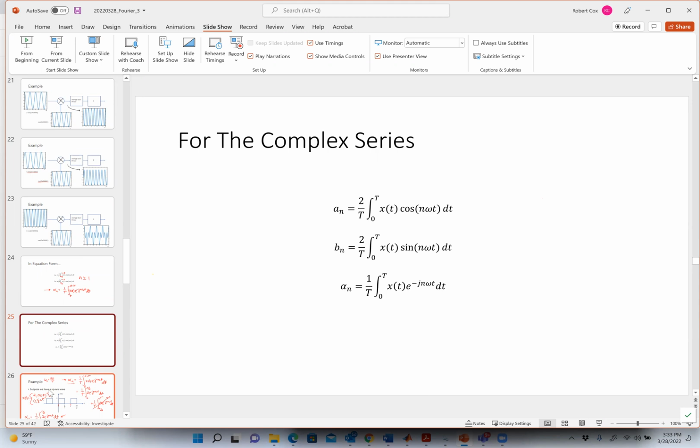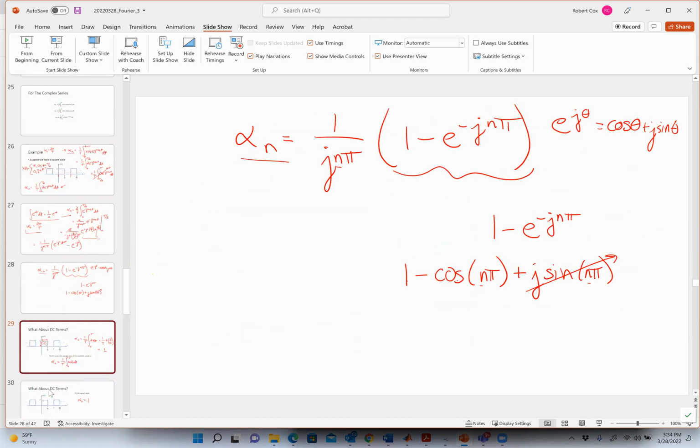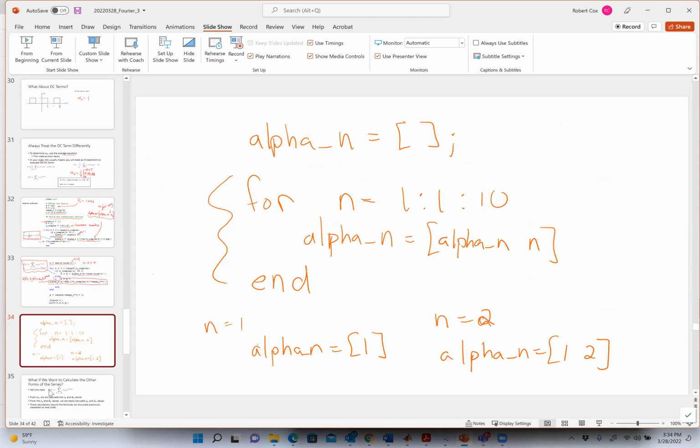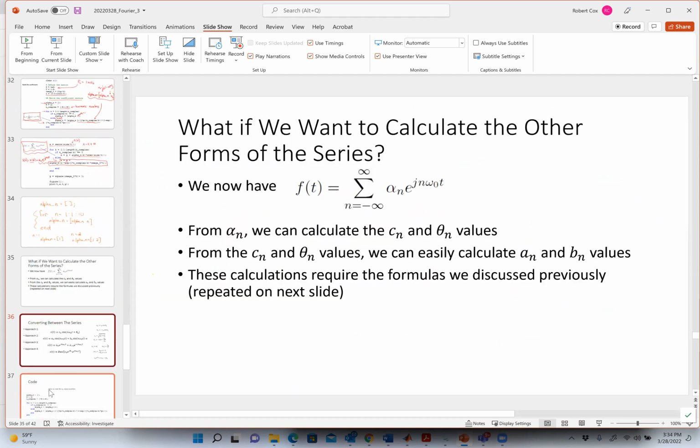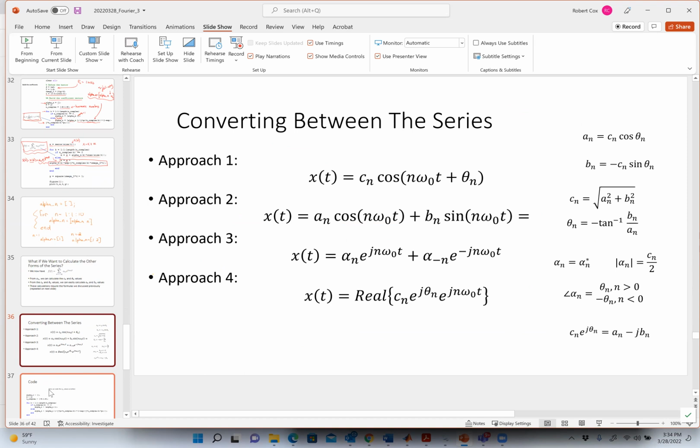But what we do is, once you know the alpha values, it's really easy to go back and forth between the different forms of the series using the formulas that we already kind of derived. I said there are 4 ways of representing a sine wave at any given frequency.